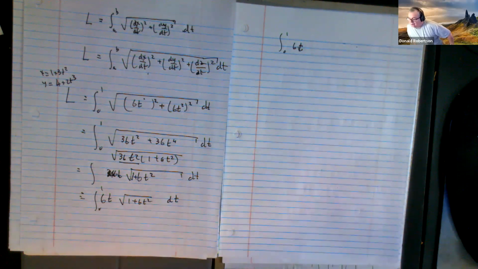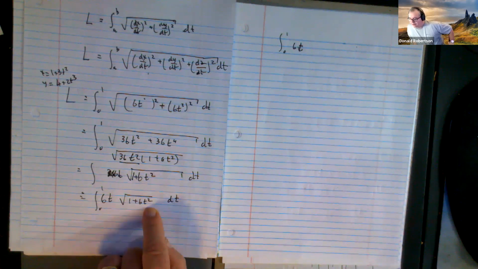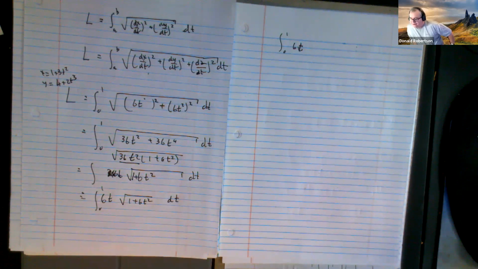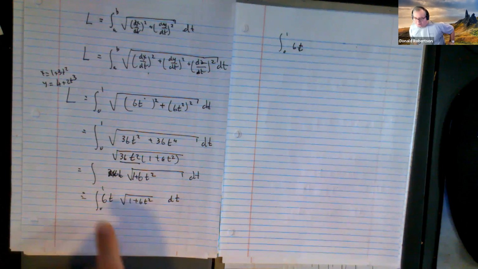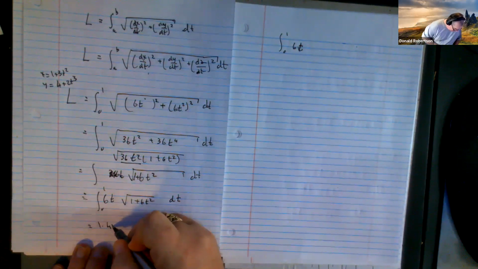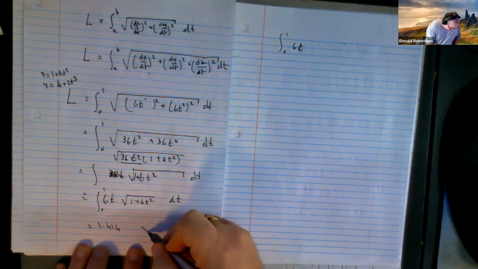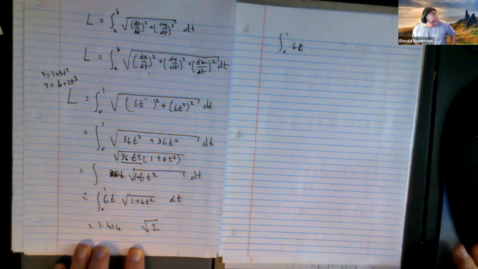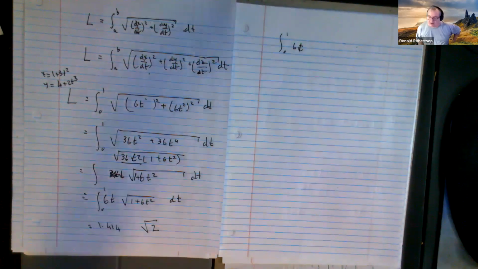Actually, yes. If you wanted to do it exactly, couldn't you do a u sub 1 plus 6t squared? And about 5 minutes later, you get the right answer. On the other hand, couldn't you just plug that into the calculator? And if your answer was 1.414, wouldn't that be the same as the square root of 2? In which case you would pick that particular guy as your answer.